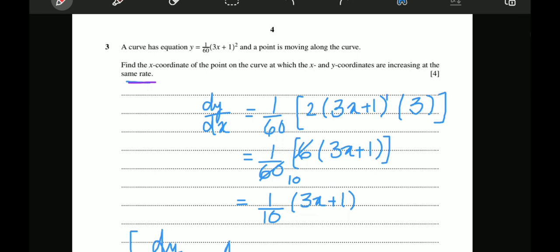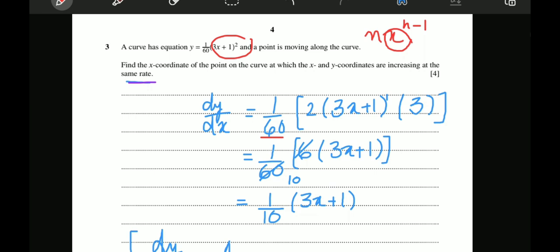First take your equation of the curve, y is equal to 1 over 60 into (3x plus 1) whole square, and differentiate it. 1 over 60 is a constant, it will stay as it is. Differentiation gives n x to the n minus 1. Your main bracket is 3x plus 1.